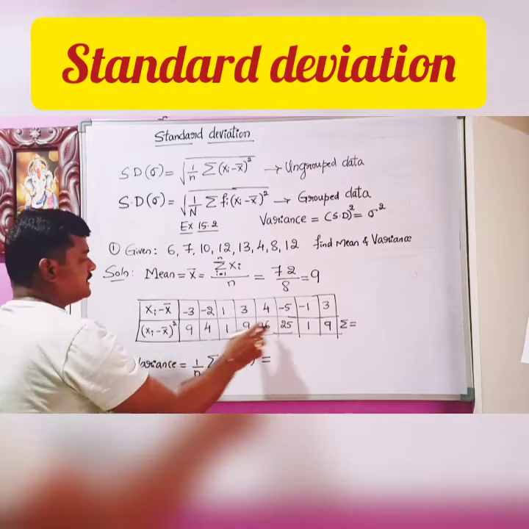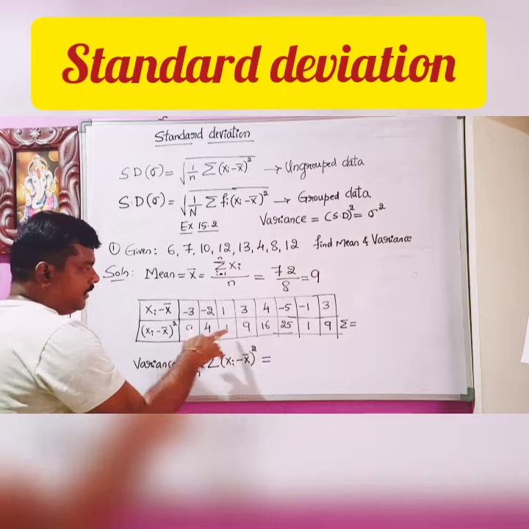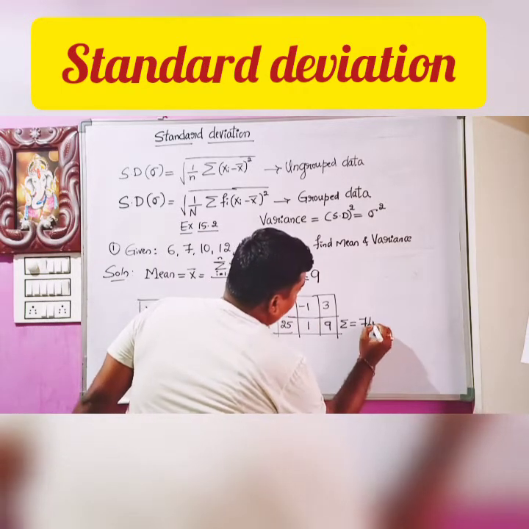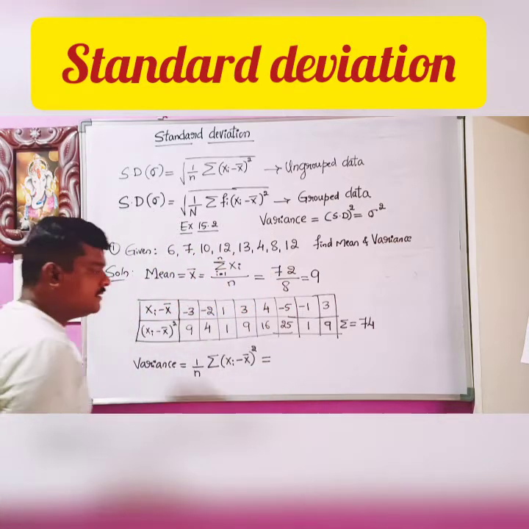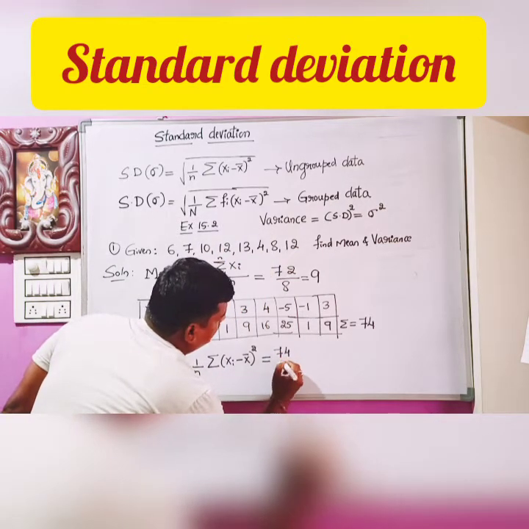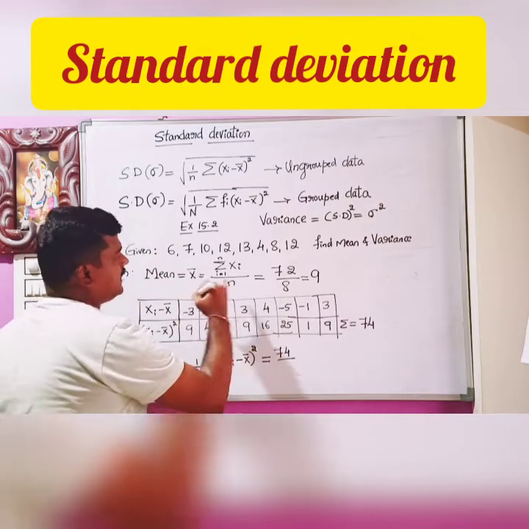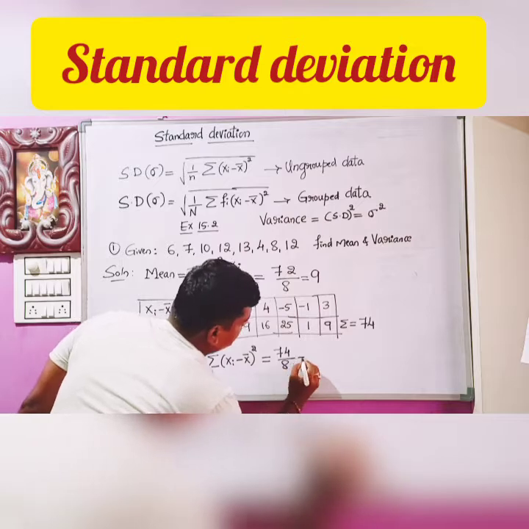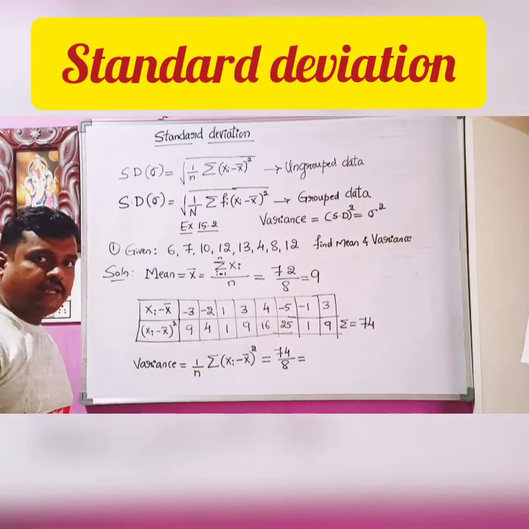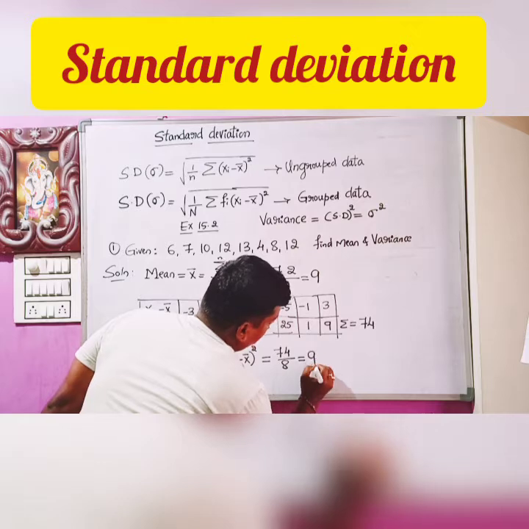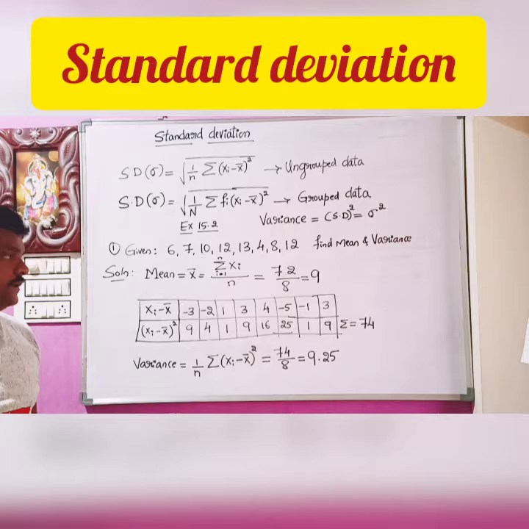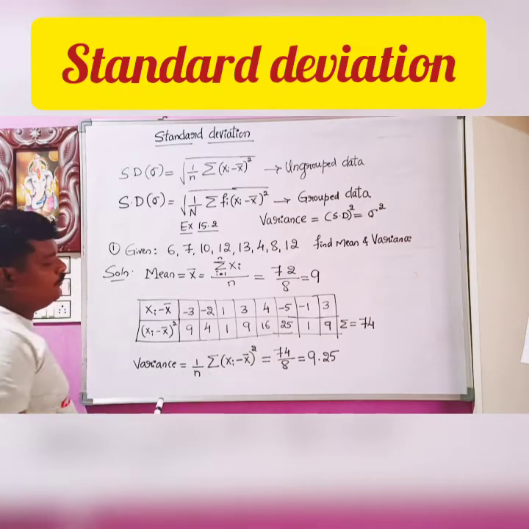Adding all these xi minus x bar whole squares, we get 74. 74 divided by the number of observations, which are 8. 74 by 8 gives 9.25. This is how we can calculate the variance.